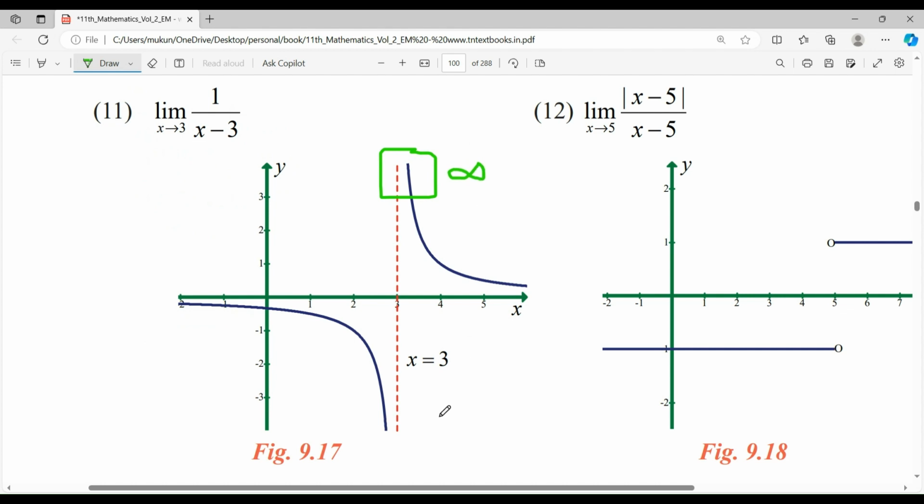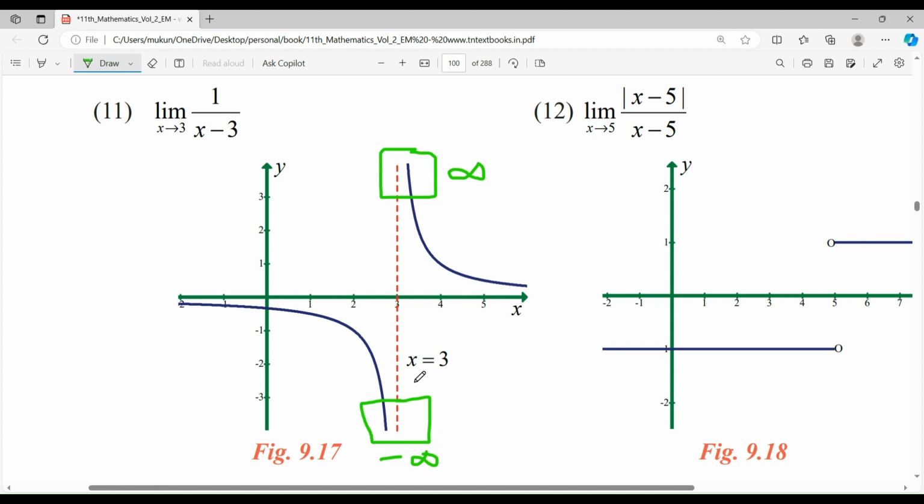And when x takes a value slightly lesser than 3, which is here, we know that 1 by x minus 3 is going to take a negative value, and for values very close to 3, this takes minus infinity, right?